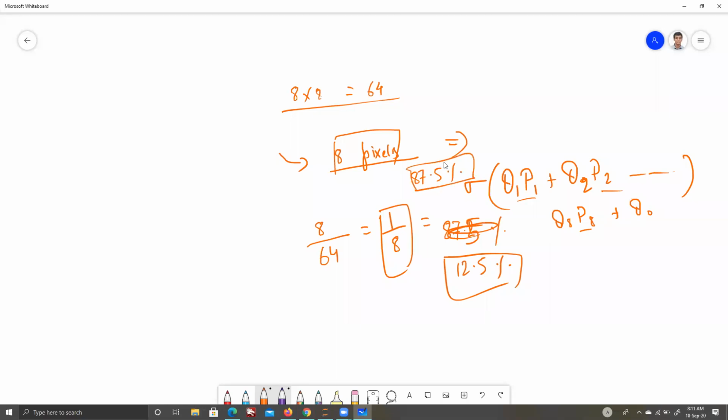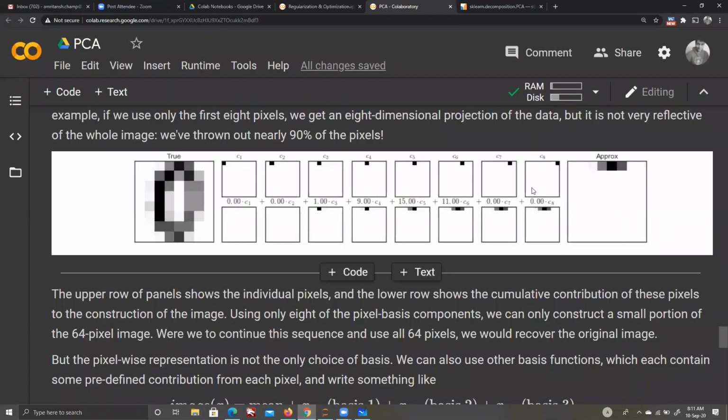The problem is if you kill this many pixels in a sequential manner, your whole classification goes haywire immediately. So your task goes out of hand. If you wanted to understand the actual picture just by the first 8 pixels, you can very easily see that the plan is not going to work. And you can add all of them. You can see in the lower picture where we are trying to add all of them, and one by one things will start to appear a bit.